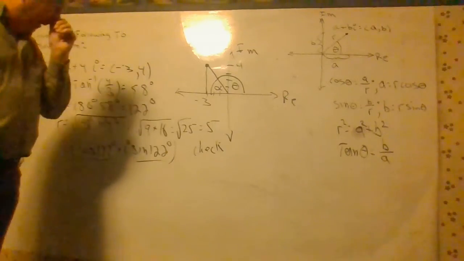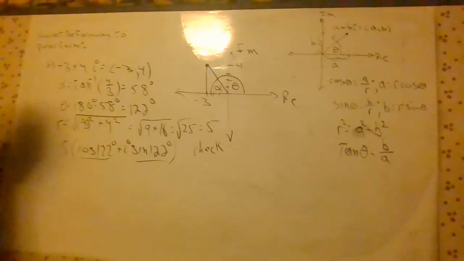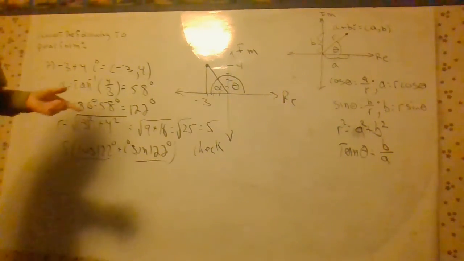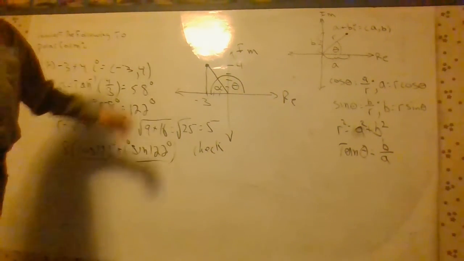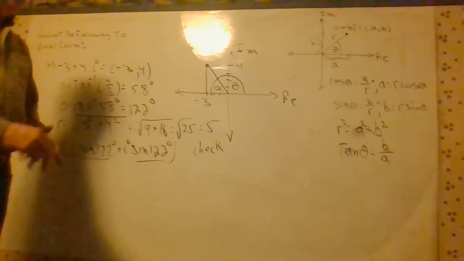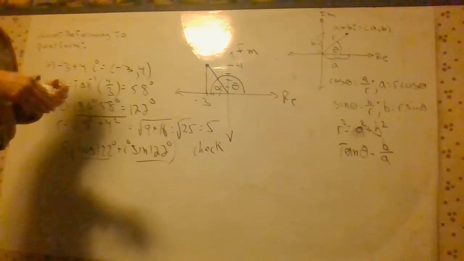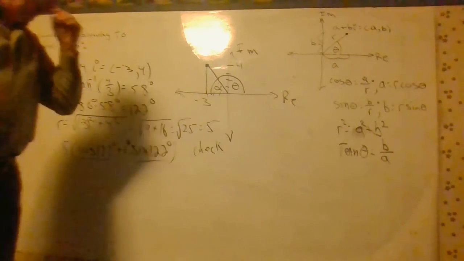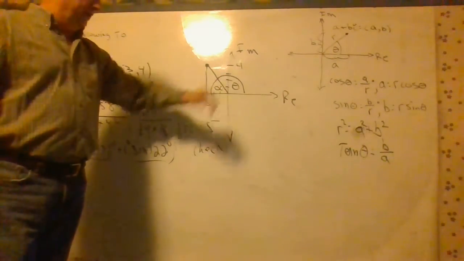A lot of very interesting mechanics problems that have to do with rotation. Things that are best expressed, motion having to do with rotation. For instance, a camshaft in an engine spins around, makes the piston go up and down. Anything to do with rotation is going to involve polar coordinates.